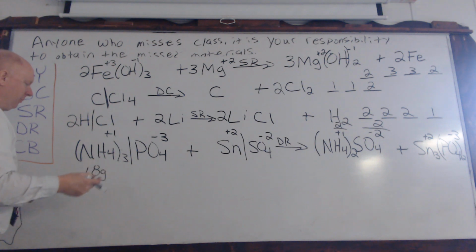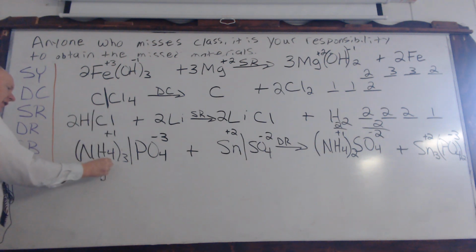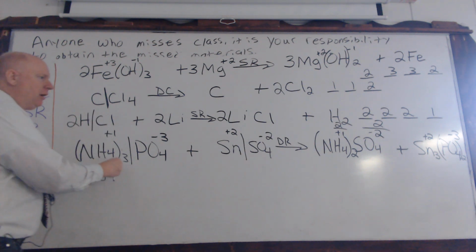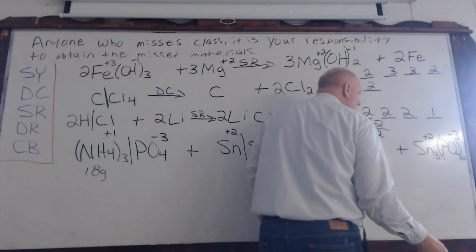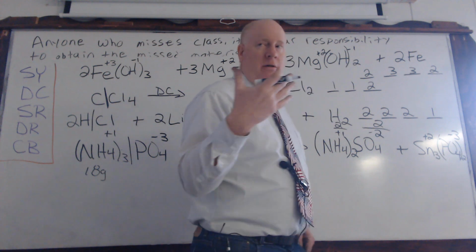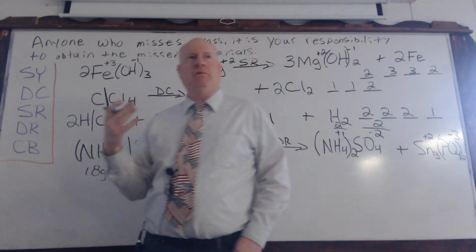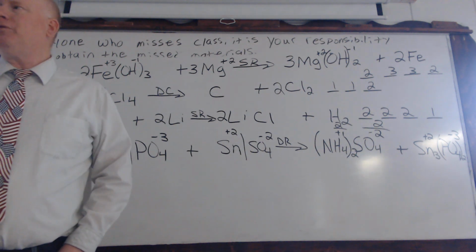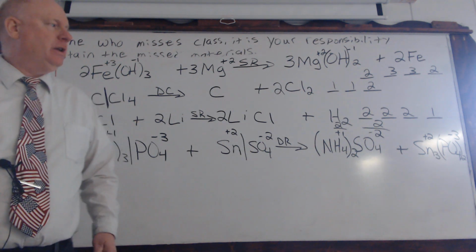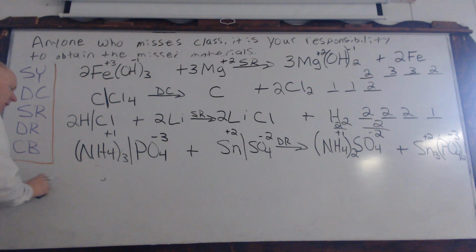Reaction stoichiometry might say if you have 18 grams of this compound, how much tin phosphate can you produce? That's why we say if you are having problems balancing these reactions, it just makes doing stoichiometry that much more difficult. Okay. All right.